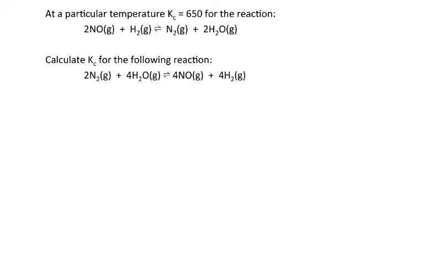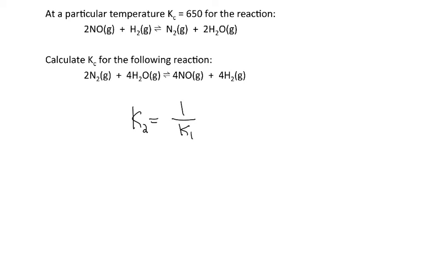All right, so we have the same original reaction, and now I want to know what is the equilibrium constant for this new reaction. You can see in the new reaction I've got N2 in the reactants, whereas in the original example, it's in the products. So I flipped the reaction, and also I've multiplied the original reaction by 2. So for my new equilibrium constant, because I flipped it, I'll have 1 over the original equilibrium constant.